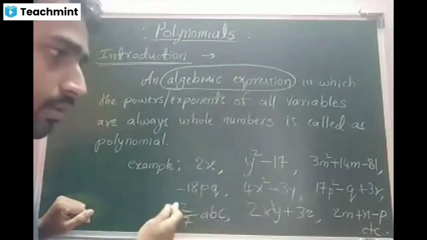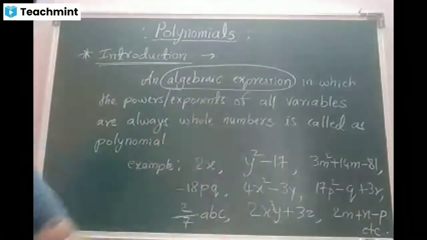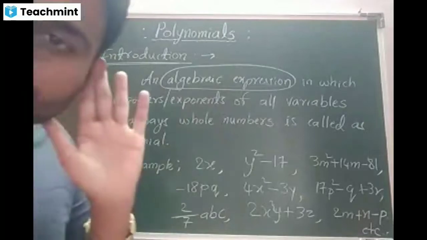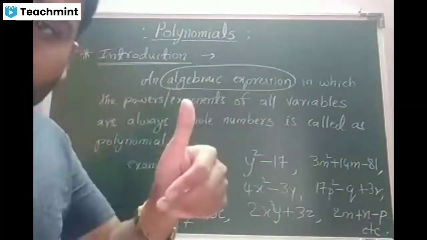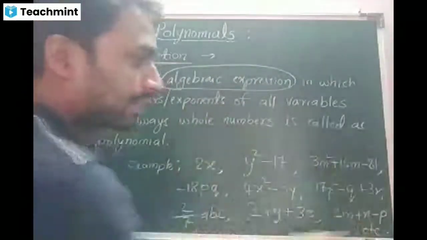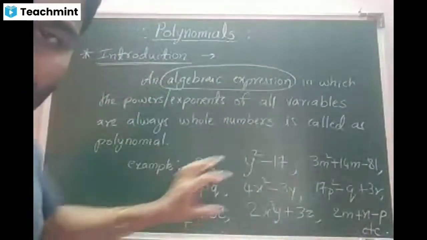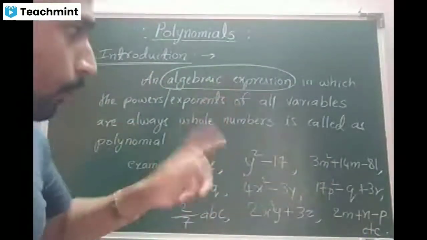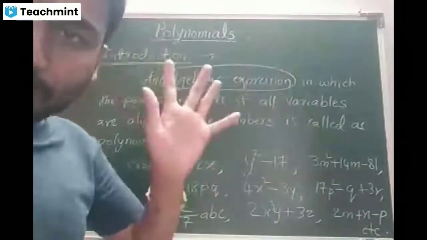Even division is also involved. Got the concept? So the first part is clear. These are all algebraic expressions because numbers are combined with the variables with the fundamental operations of arithmetic. Correct, beta?